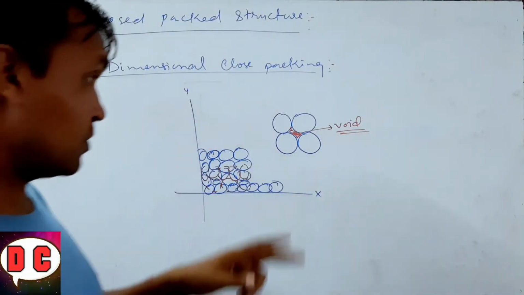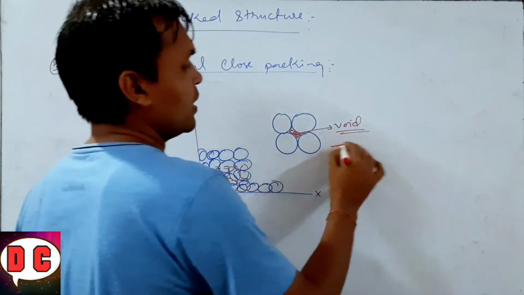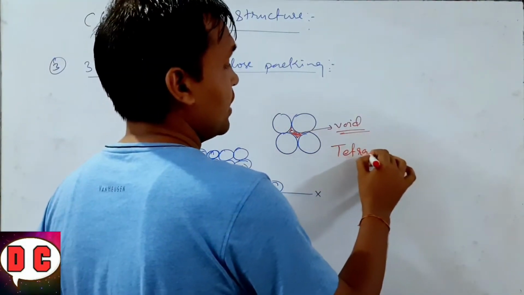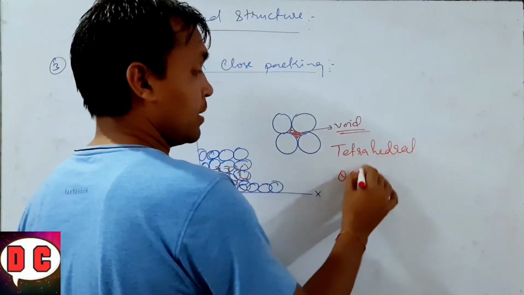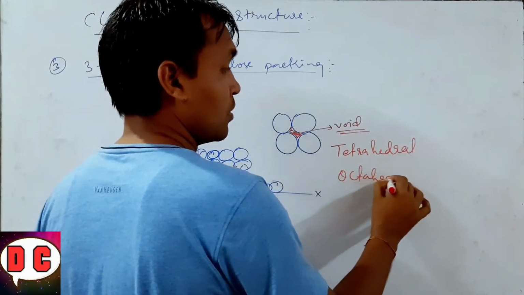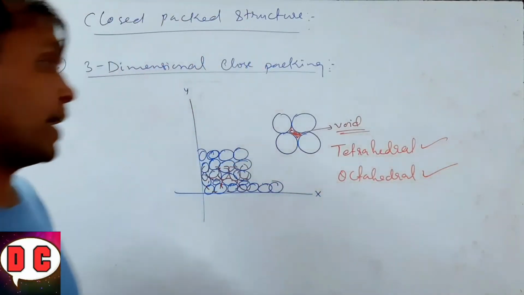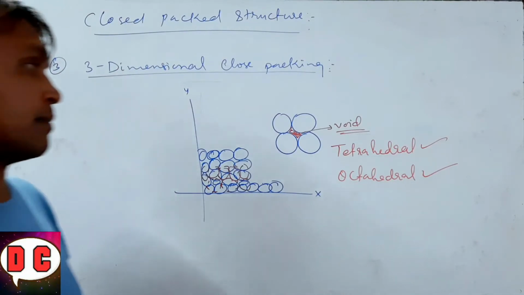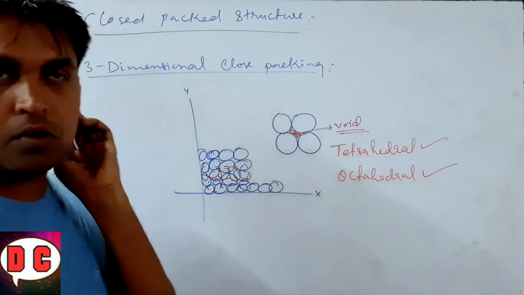There are two types of voids. One is called tetrahedral void, another one is called octahedral void. So what is a void? Void is nothing but an empty space between the atoms in a close packing.